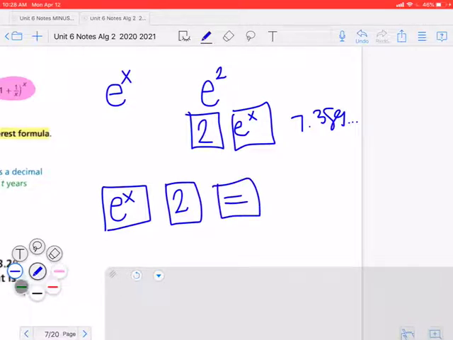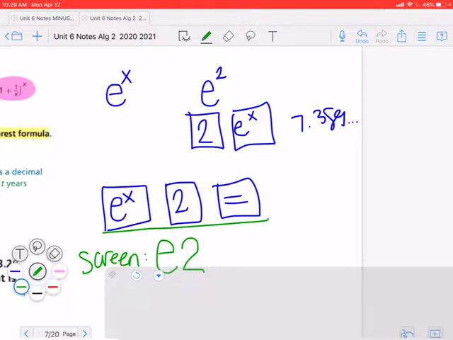Now, when this comes up on your screen, at least on the older Casios, it won't show the 2 as an exponent. It'll just show it like this. So this is what your screen looks like, which is weird. But that's how you type it. E to the x, 2, equal sign.